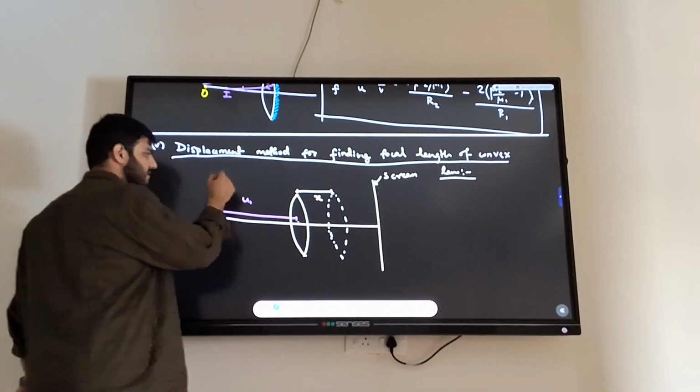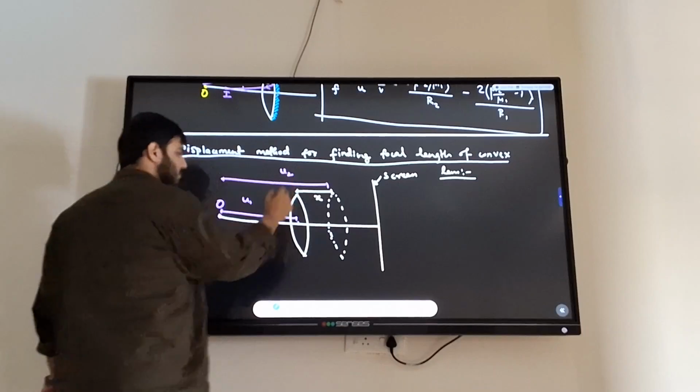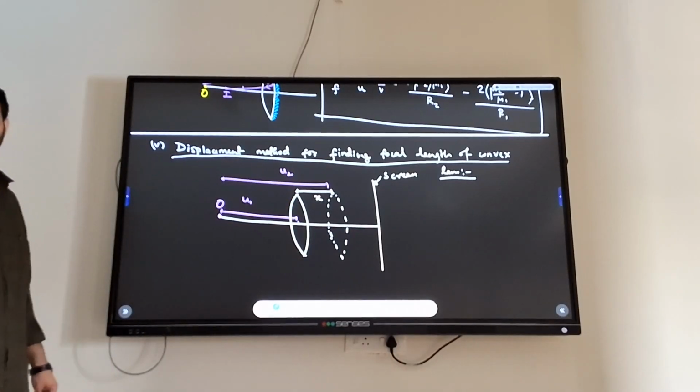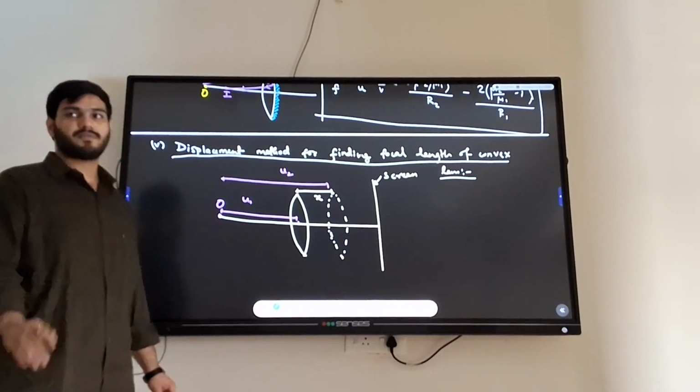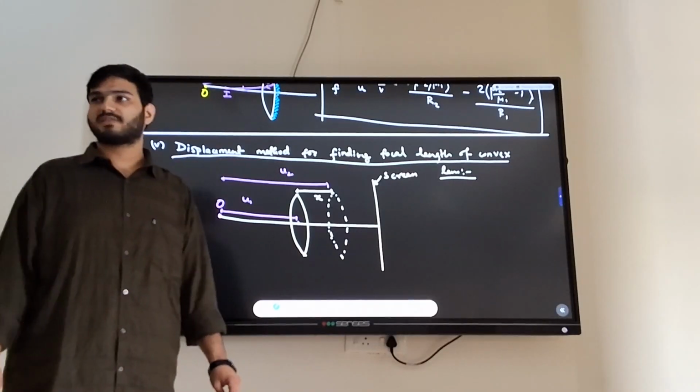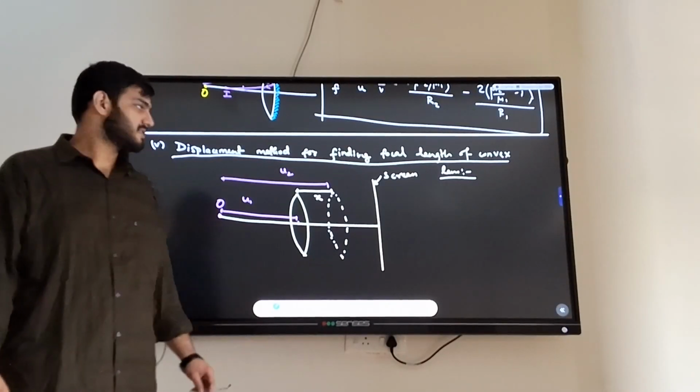This distance is U2, and you find the image sharp again. By sharp I mean same intensity, same everything. Then using just this, you can find the focal length. This is the procedure, and let's see how it works.